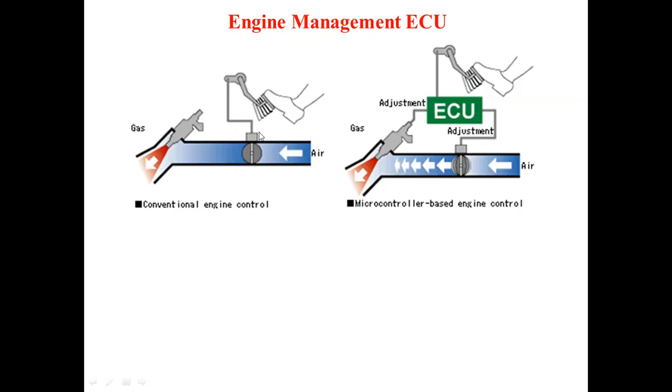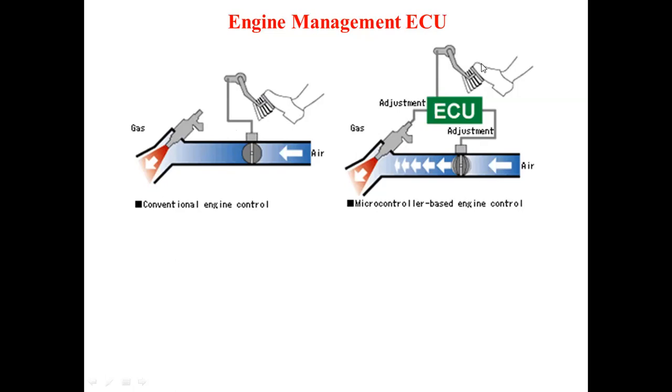The driver presses the accelerator pedal, and as he presses it, he opens or closes the actual throttle. By operating this, he controls the air-fuel mixture. But this does not happen in the case of microcontroller based engine control.